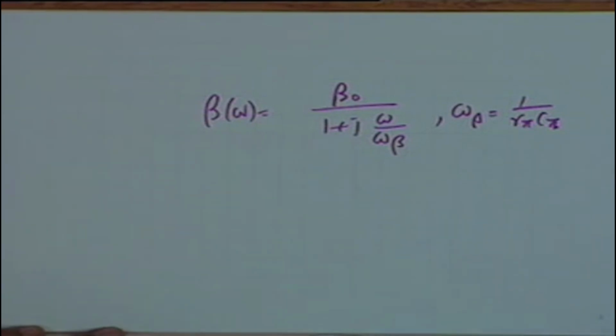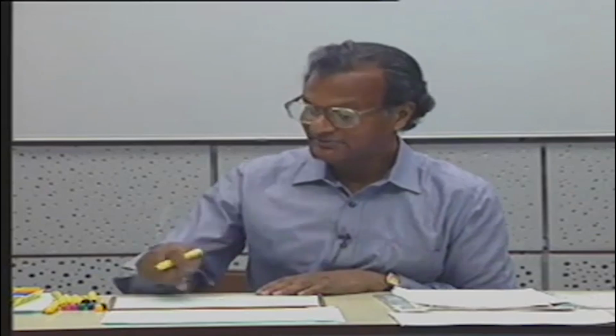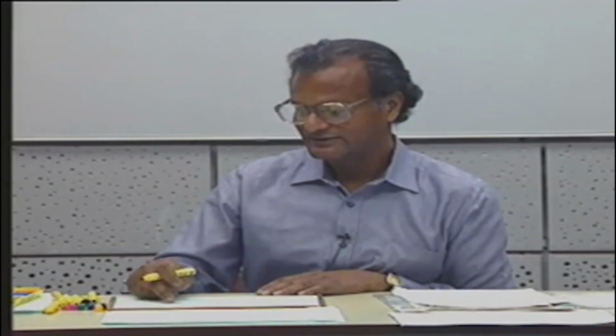Pardon me? r_pi is beta 0 by g_m. How do you know g_m? 40 I_C. And beta 0 is specified by the manufacturers. They specify beta, they don't specify r_pi, they do specify omega beta.